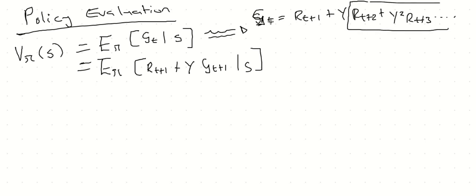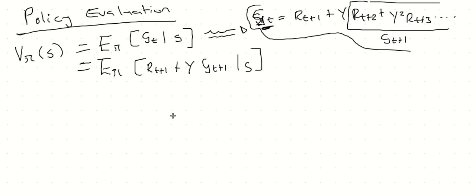If this is G_t, then G_t is R_{t+1} plus gamma times some function, which means that starting from R_{t+2} here signifies G_{t+1}. You should convince yourself why this is the case, but it should be simple enough to see from here.